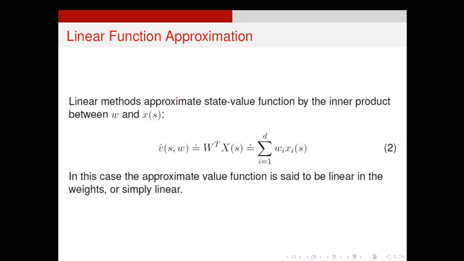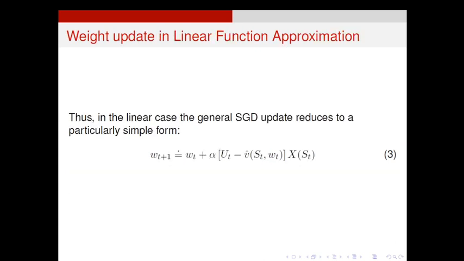So we use these feature vector values in weight updation. That is the only difference in applying linear function approximation in the place of our general V cap of S comma W. So what is the difference in weight update in linear function approximation? This is our usual formula for weight updation.